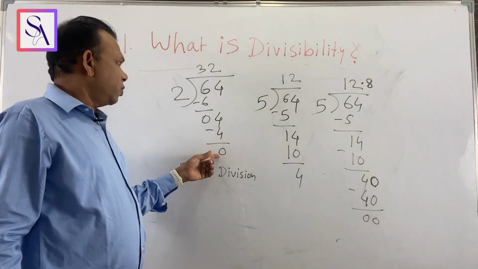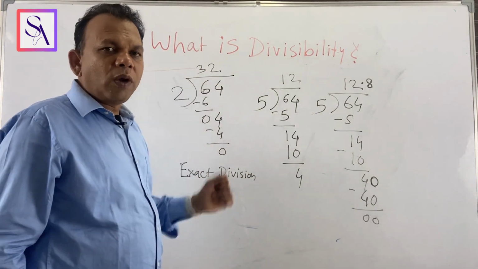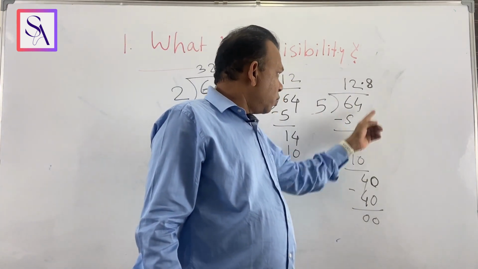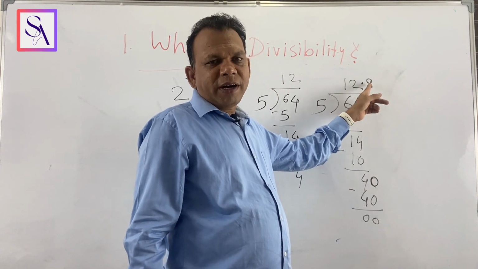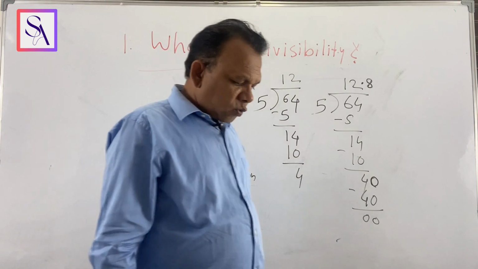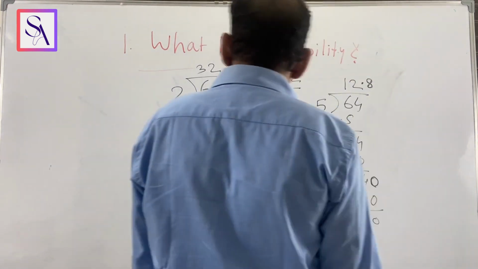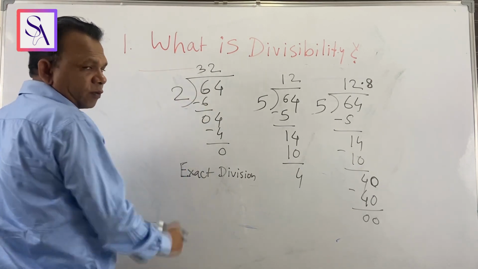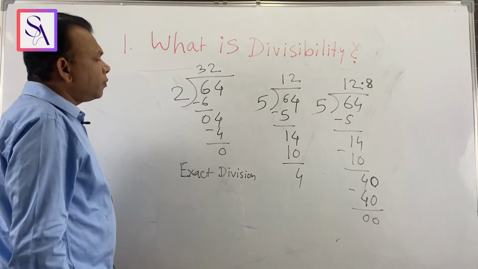Because remainder is 0 and quotient is a whole number. Here remainder is 0, but quotient is not a whole number, it's a decimal, and here remainder is 4. So can I say that this 2 exactly divides 64? Yes, I can say that.